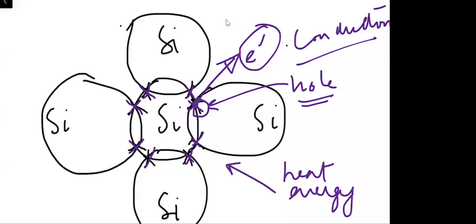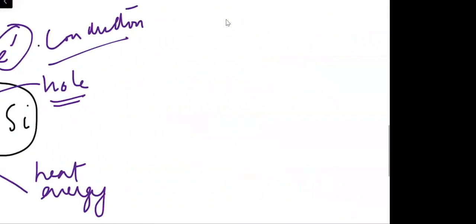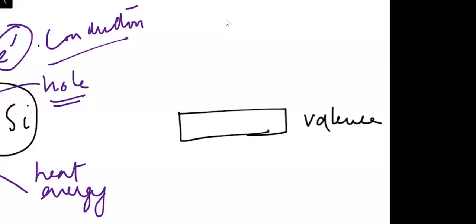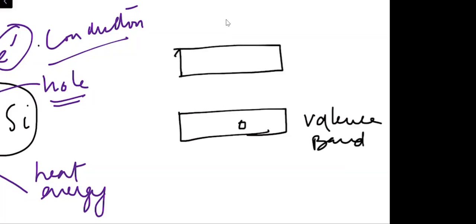So if I just show you the situation, whenever some energy is being applied, it is something like this. In the valence band, a hole is being created, and in the conduction band, we have the free electron, right?